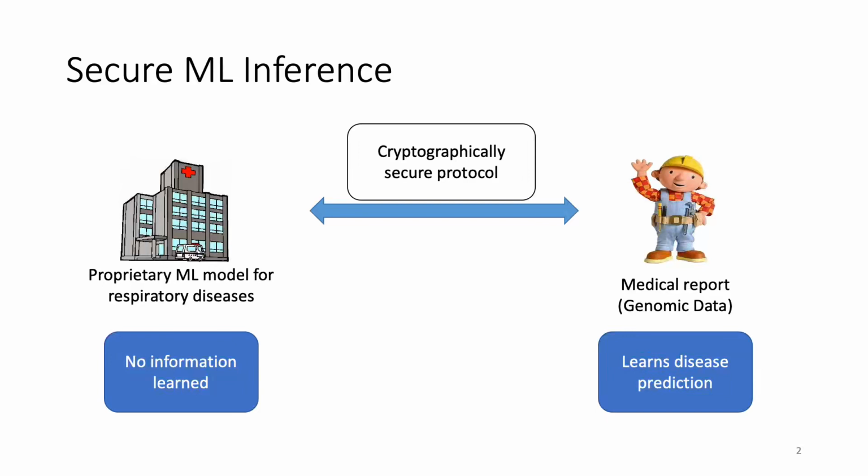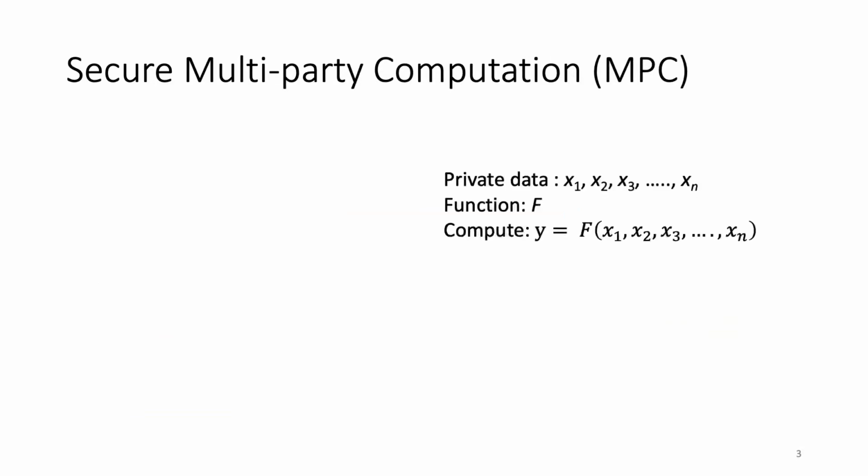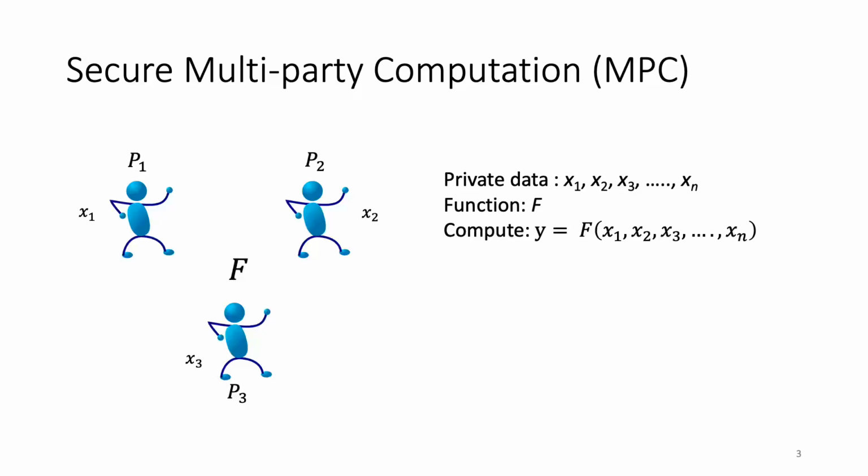The cryptographically secure protocol that I refer to over here is a primitive that in cryptography is referred to as Secure Multi-Party Computation or MPC. So what is MPC? In MPC, there are a bunch of parties with private inputs who are interested in computing the function f on their private data. For example, consider here three parties P1, P2 and P3 with private inputs x1, x2 and x3 who are interested in computing the function f on their private data.